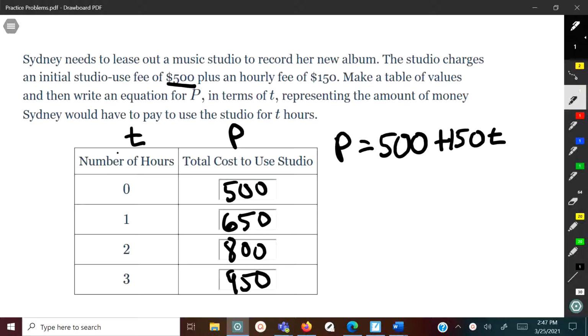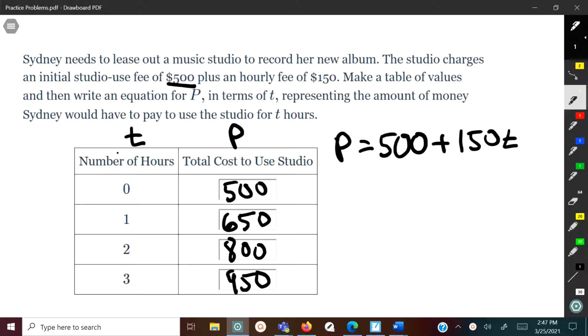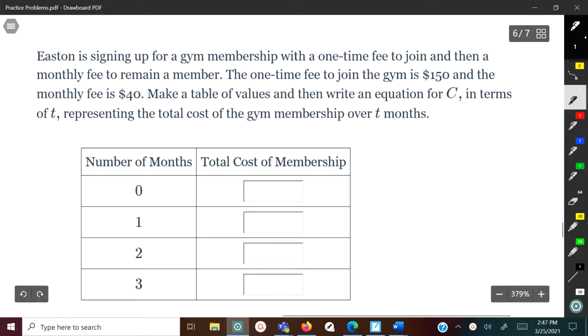It's the price equal to 500 plus 150 times the number of hours you use. Alright, so you can go ahead and pause the video here and see if you can solve this one.